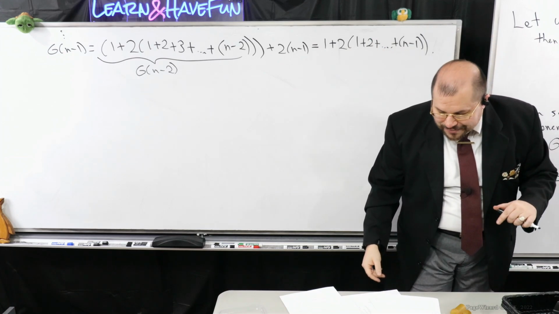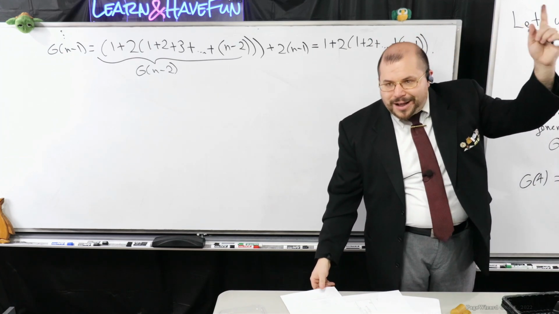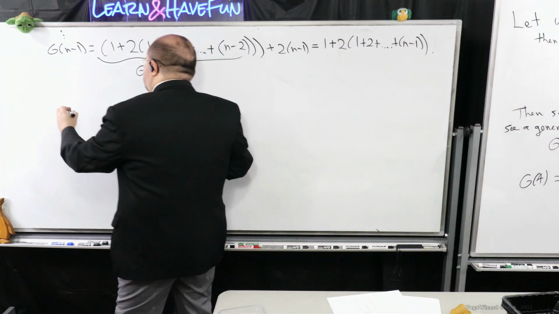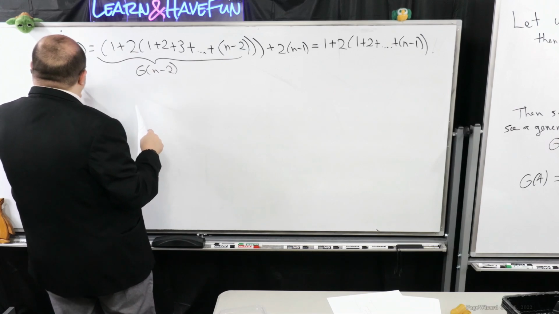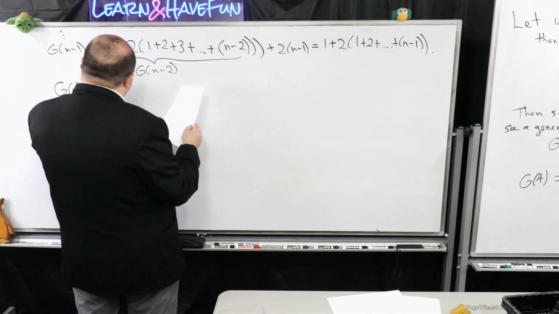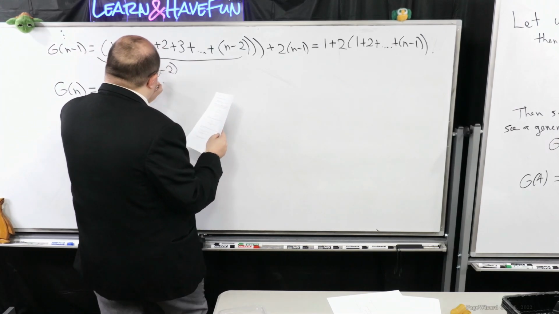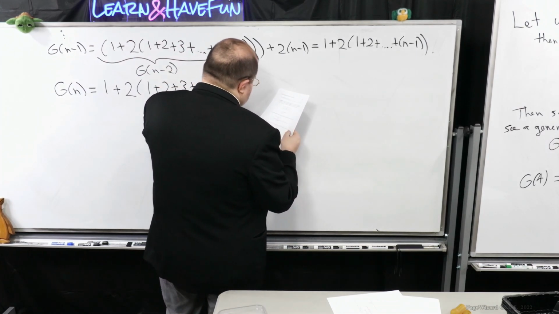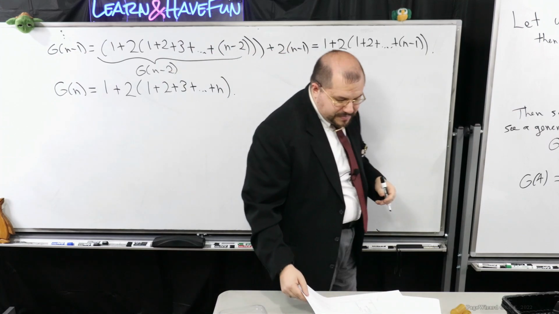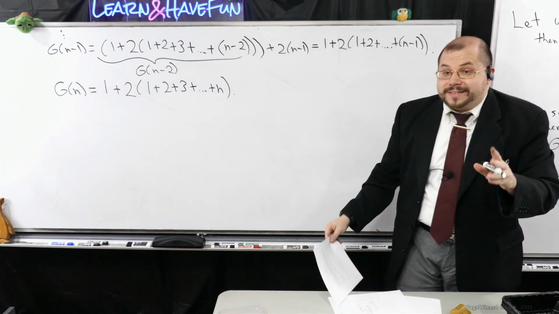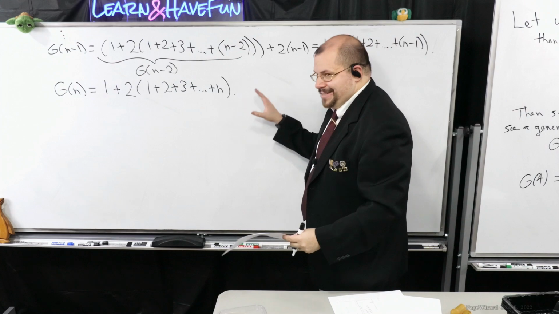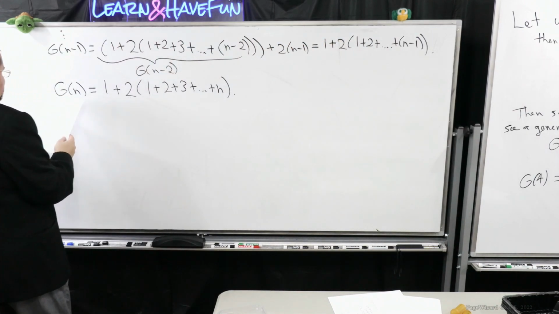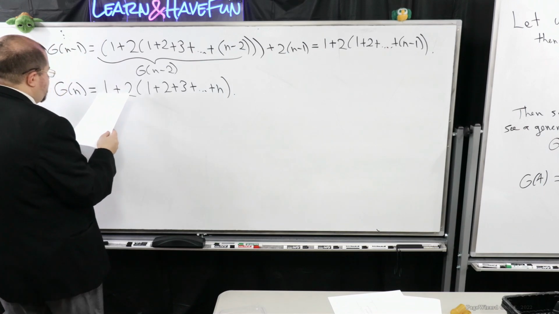So naturally, if you start from 1 and work your way up, it should look something like this: 1 plus 2 times 1 plus 2 plus 3 plus all the way up to n, right? Now let's simplify. This is my guess, based on using repeated or iterative substitution.